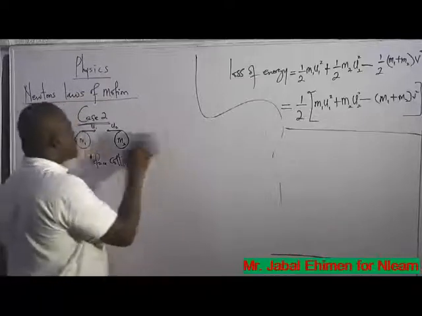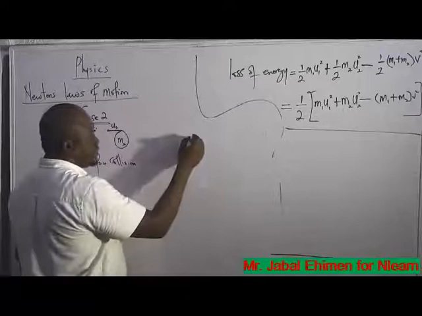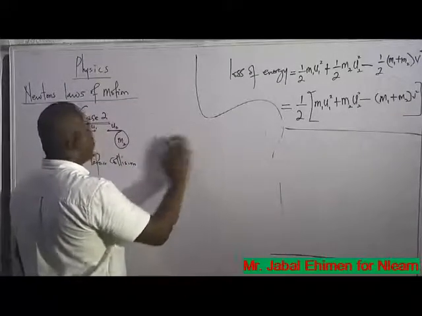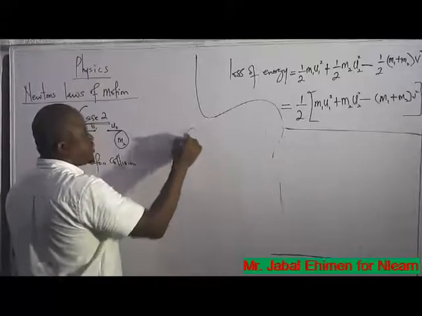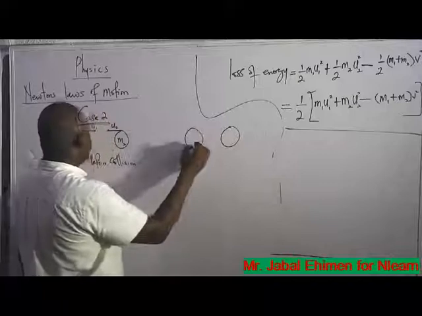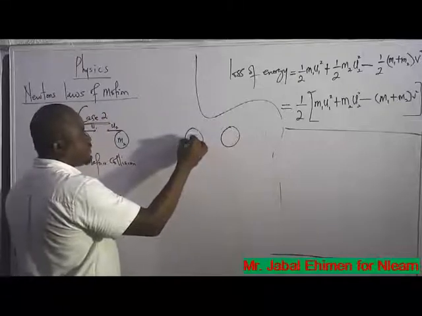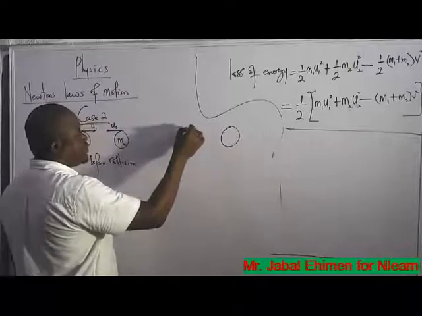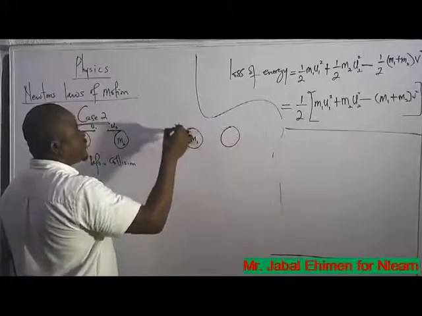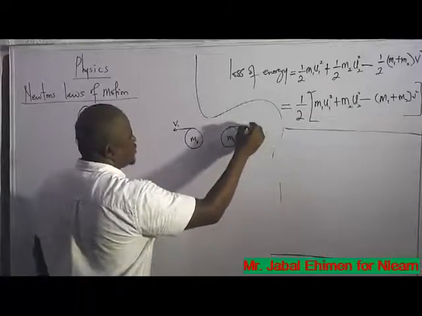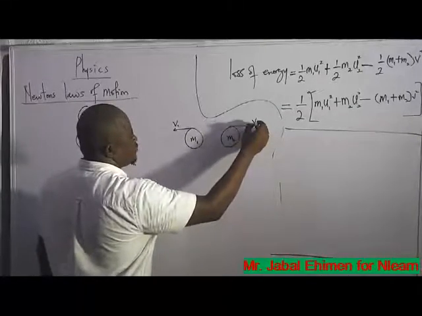Now, when the two of them collided, they stick together or change direction. Now you have M1 V1, M2 V2.